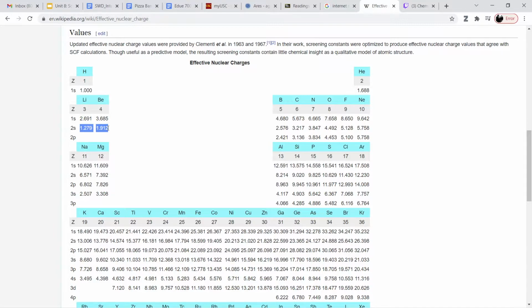We expect, because lithium has 1 valence electron and beryllium has 2, that it's going to increase from left to right. And indeed, as we increase from left to right across the periodic table, our effective nuclear charge increases. So as we go left to right, we increase. All right? That's important.